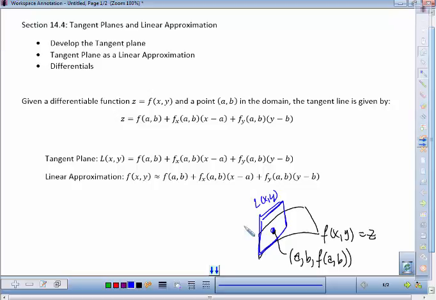The idea is that if we have another point on the surface, put that point over here just to let you know that it's on the surface, and then there's a corresponding point on the plane that has a little bit of a distance between them, but we can still get a pretty good approximation to that point.